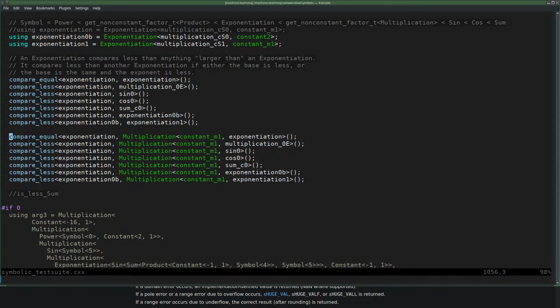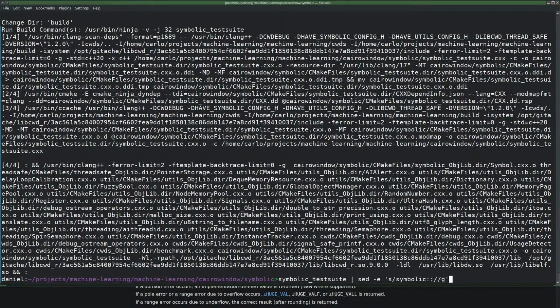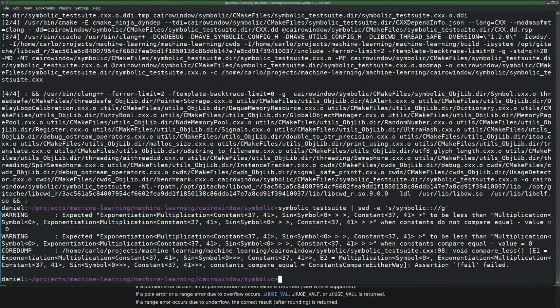Oh, I forgot one. Expected an exponentiation of the multiplication of a constant with a sign to the power of that to be less than a multiplication of symbol 0 with an exponentiation.